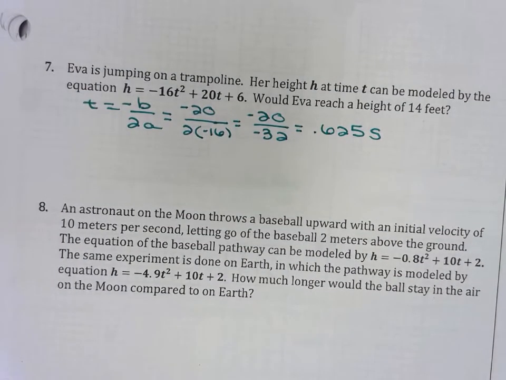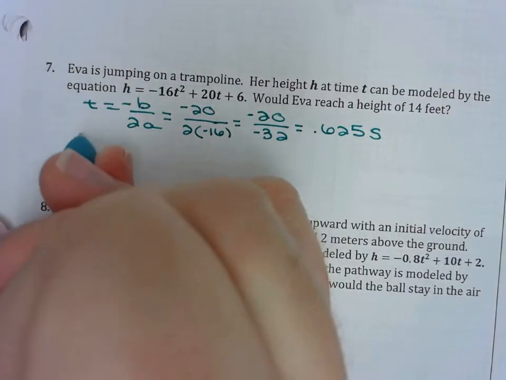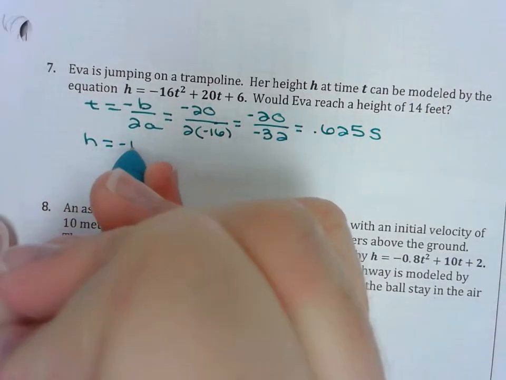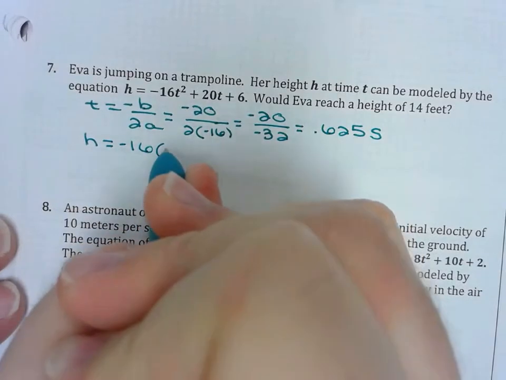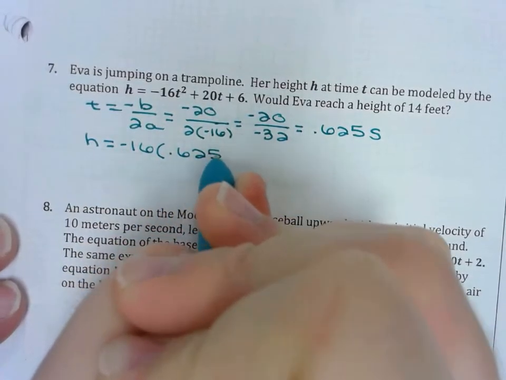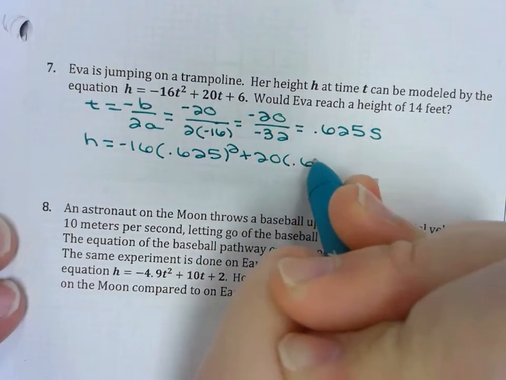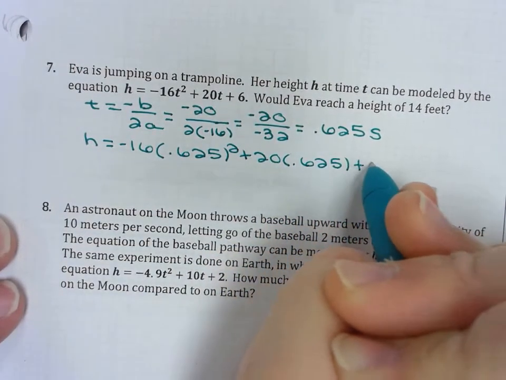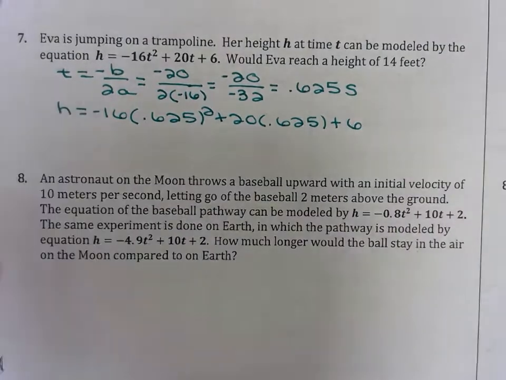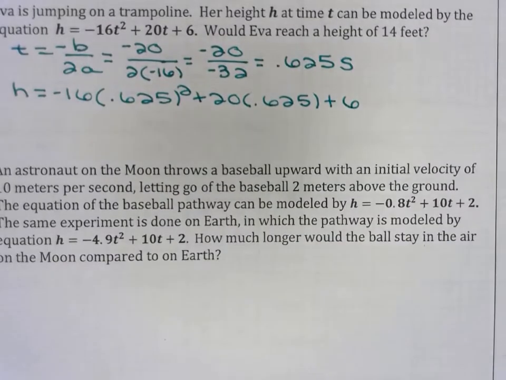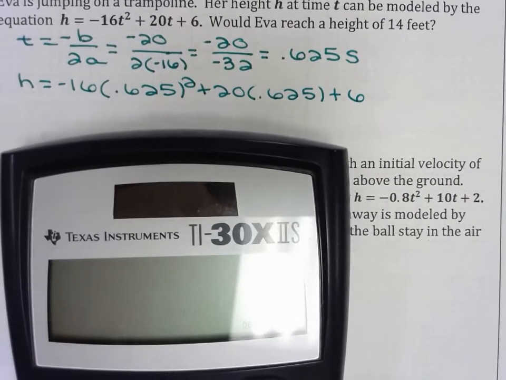That is the time. That tells me nothing about the maximum height, though. If that is the x value or the t value of the vertex, how do I find the h or y value? Plug it in for t. So negative 16 times 0.625 squared plus 20 times 0.625 plus 6. Plug this in with your calculator as we do this so that you know how to do this because it's a little complicated.